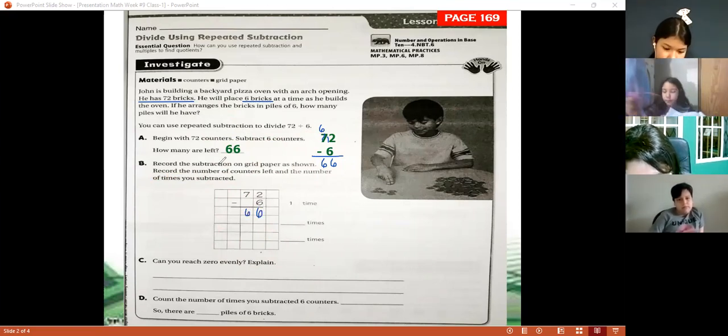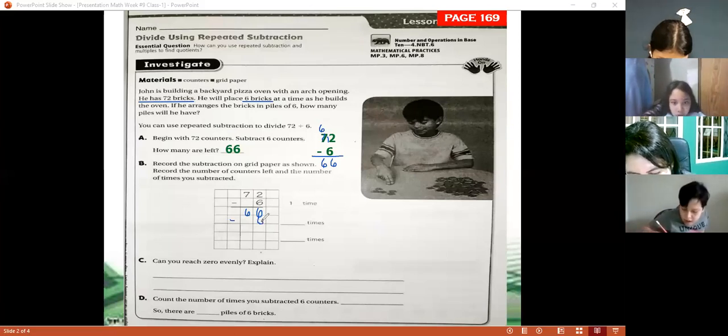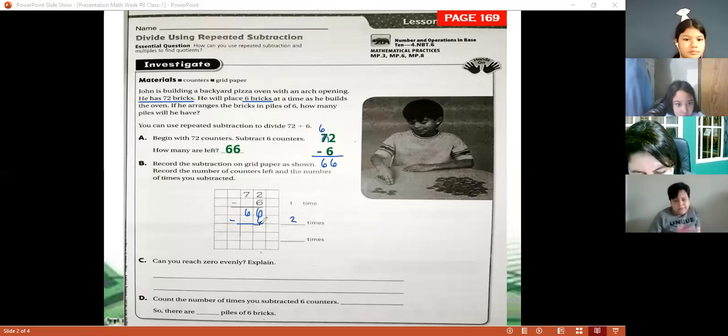And it's telling you 1 time. Now we need to subtract one more time, 66 minus 6. This is going to be the second time that we're subtracting. Now 66 minus 6, class, what is the answer?